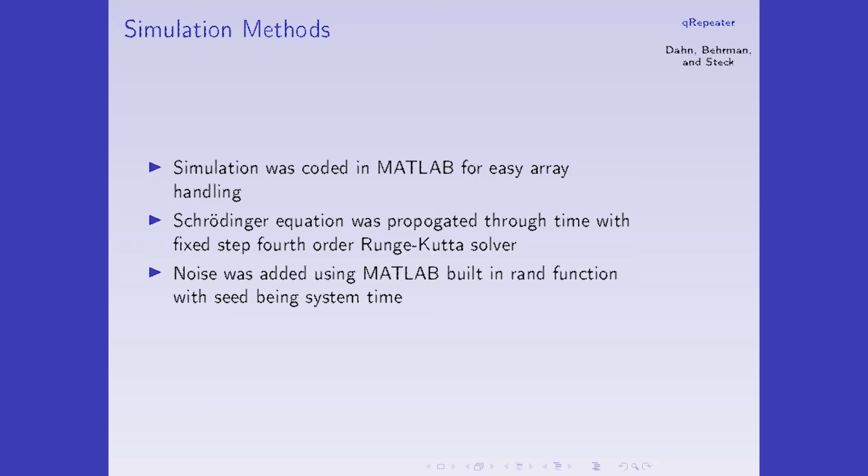For our noise model, we used the MATLAB built-in random functions, but we set the random noise to be seeded at the system time so that every single time the integrator was queried by the neural net, it was a different set of random noise, which is the most realistic that we could get with our simulation.